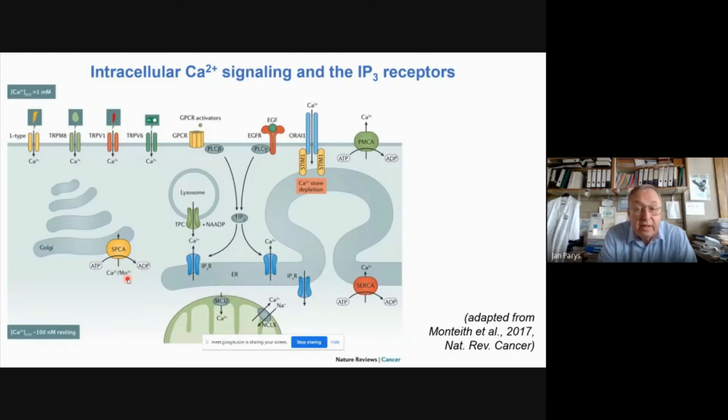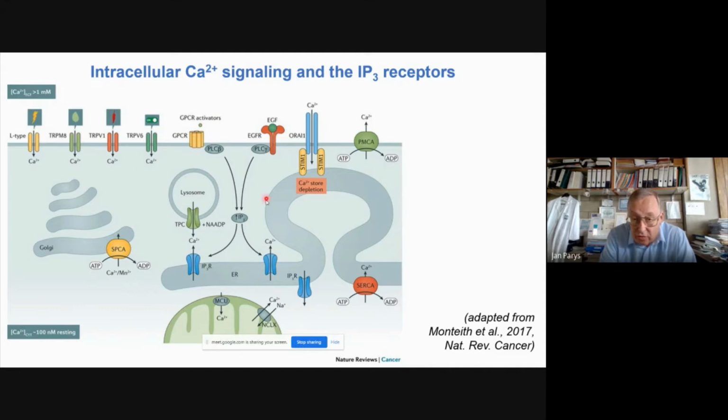This being said, I think that for this audience, I do not need to make a large introduction. You all know that so many transporters, channels, pumps are needed to regulate the calcium concentration in the cell.